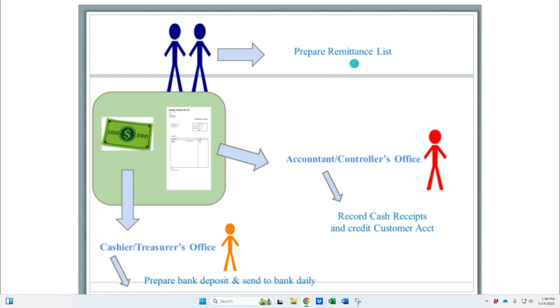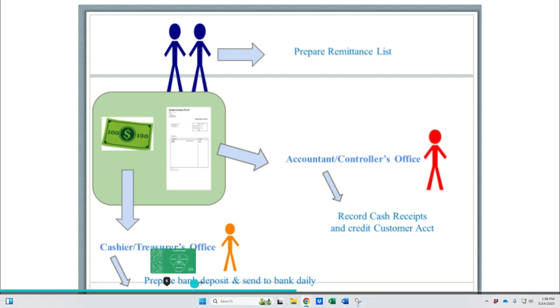So we're going to take one copy of the remittance list and send it with all of the cash and checks, and that's going to go to the treasurer's office or the cashier's office, whoever is ultimately responsible for preparing the bank deposit.